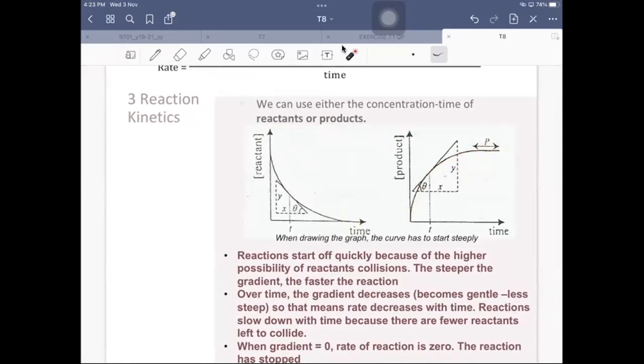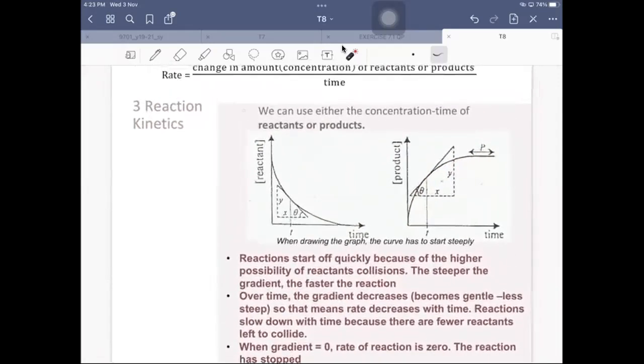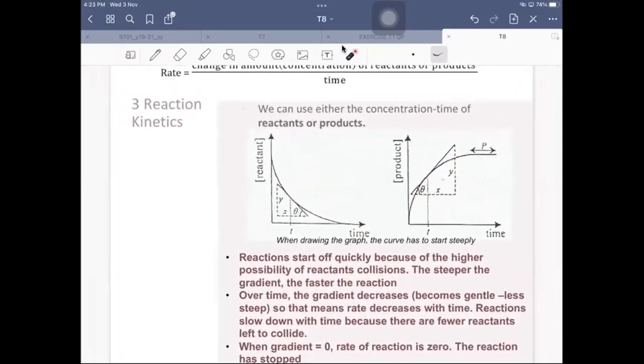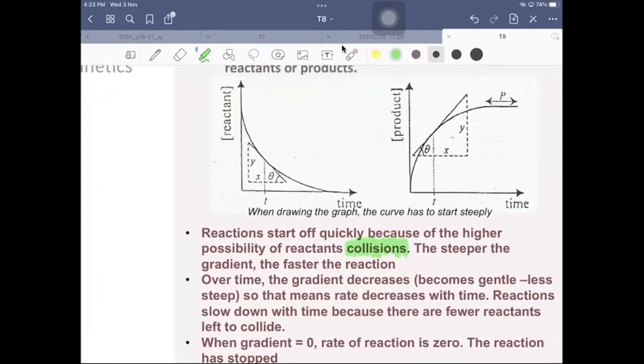Okay, so to explain what I was saying just now in words, for you to write down in your notes: reactions start off quickly at the start because of the higher possibility of collisions. More reactants present, more chances of effective collisions, therefore more reaction, or faster reaction.